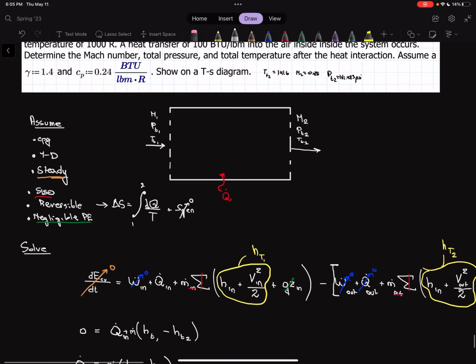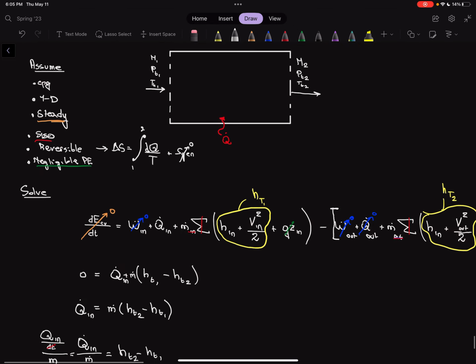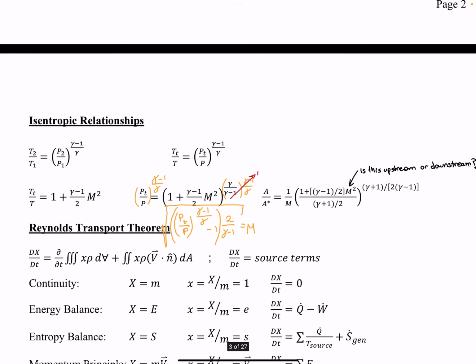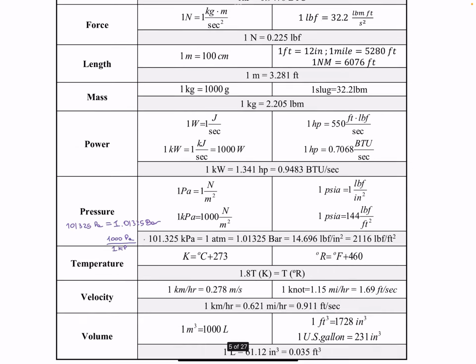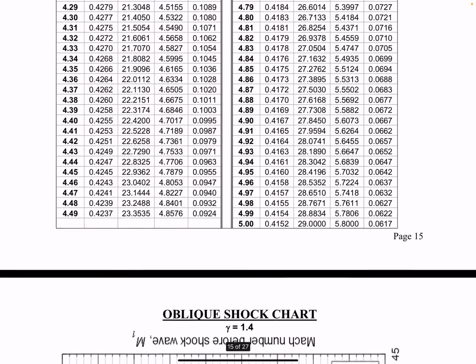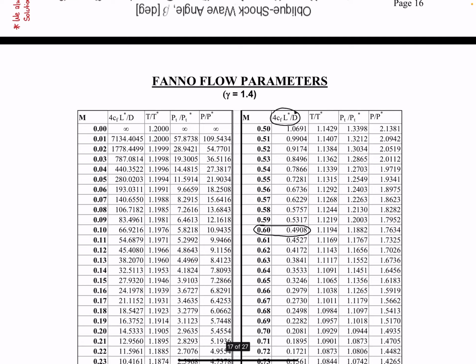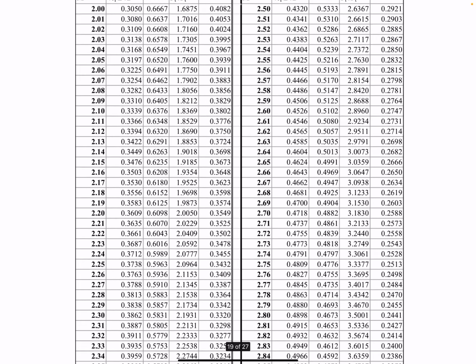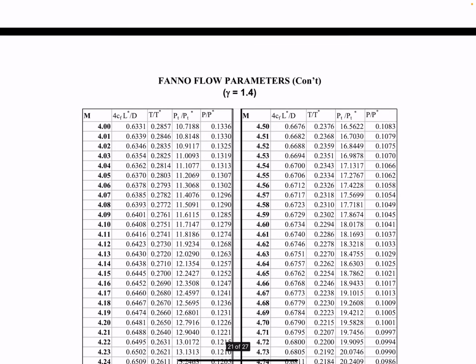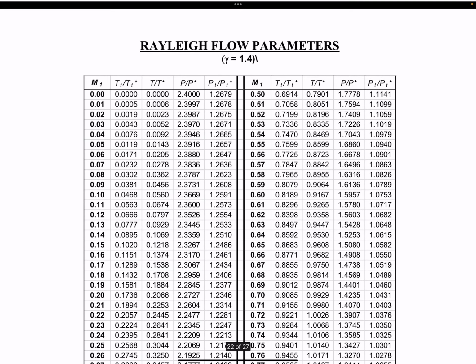And do we know the T total at 2? Let's look over here. If we go to the supplemental data pack, after the oblique shock chart, we're going to see these things, not Fanno flow, we're doing Rayleigh, and we have to extend it to the choked flow.